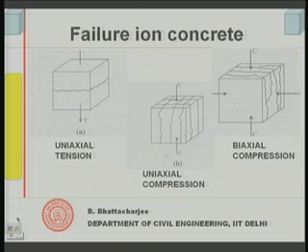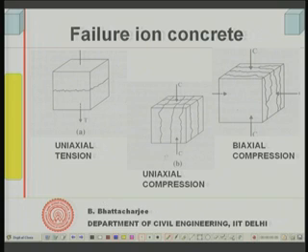Supposing I have concrete cubes, I fail it under uniaxial tension, then the failure crack would simply appear like this. I have applied tensile force along this direction. And if I apply a pure uniaxial compression, there is no horizontal force, there is no force from this side, then actual cracks develop like this along this direction. And if I apply compression from all directions, then of course cracks would form in this manner.